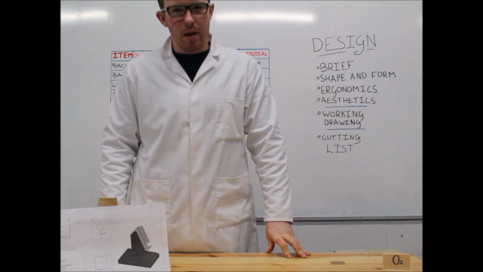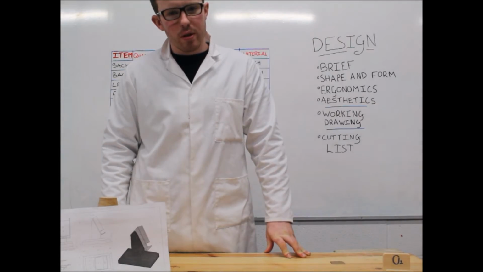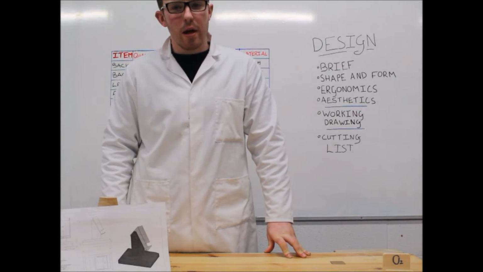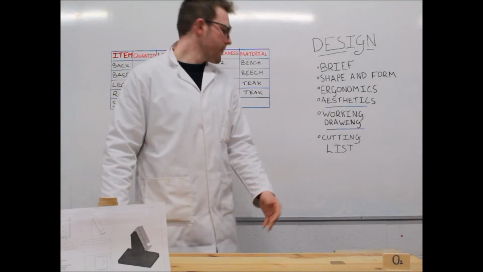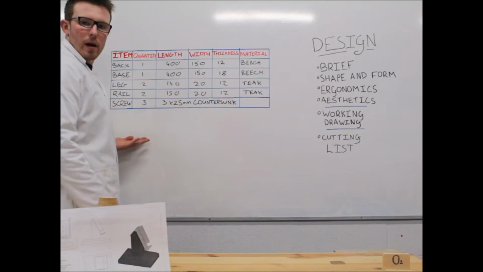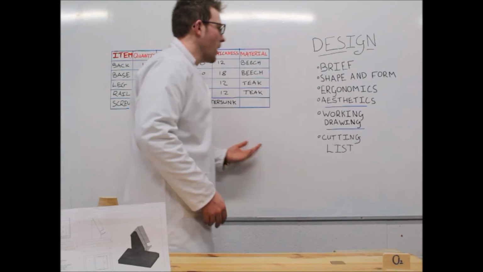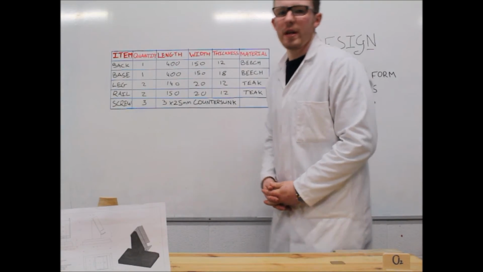When we talk about design and we go through the design process, one of the last things we produce and will discuss is a cutting list. A cutting list, as you can see here, is simply a table. On this table, we have a number of things displayed.